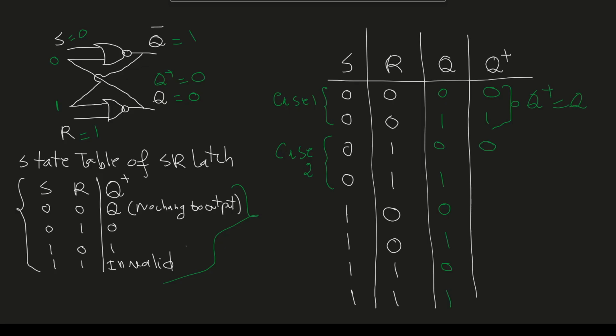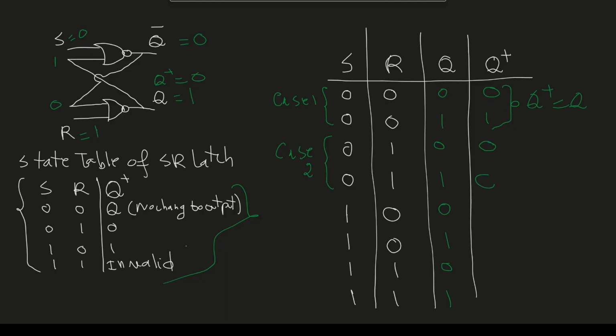Now let's see when Q is equal to 1 for the current state. So when Q is equal to 1, 1 will come here. So we'll have 0 NORed with 1, so Q bar will be equal to 0. And 0 will come here at the bottom. So 0 NORed with 1, so Q plus will be equal to 0 as well.